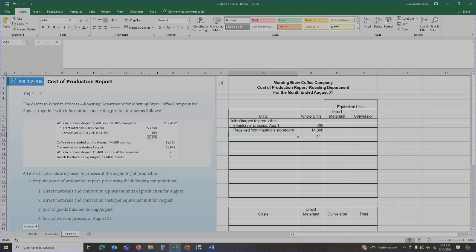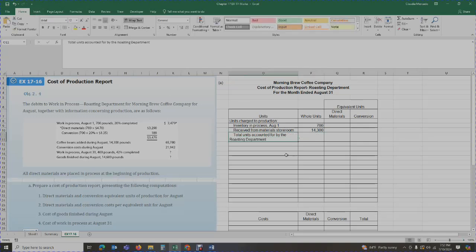So my total units accounted for by the roasting department. Let me go ahead and wrap text.